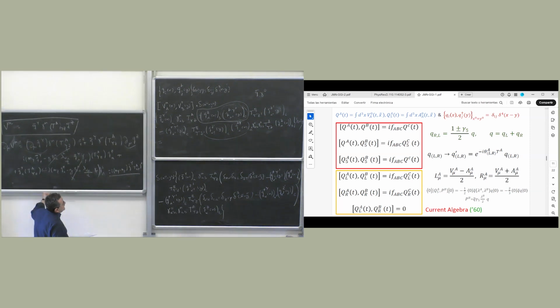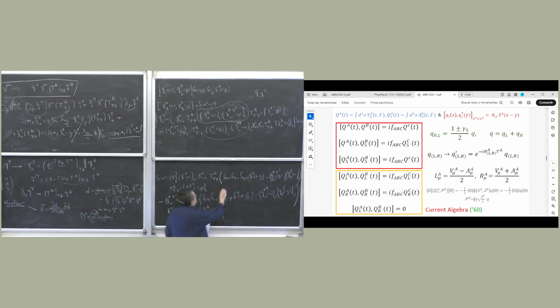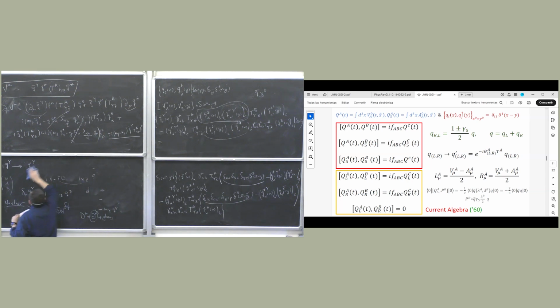So let us pay attention to the SS terms, which are those. If we pay attention to these terms, what do we have? I am going to copy. I am paying attention to the terms which have the delta 3.